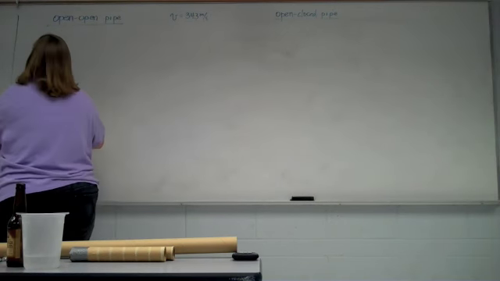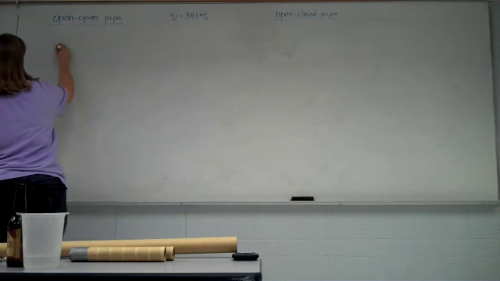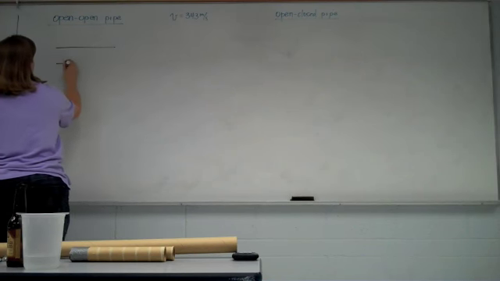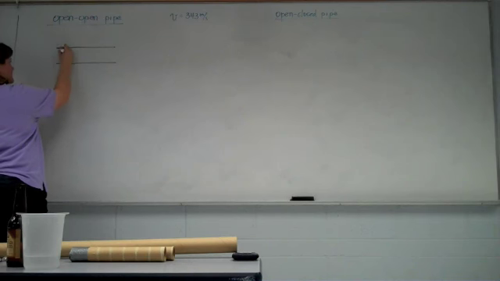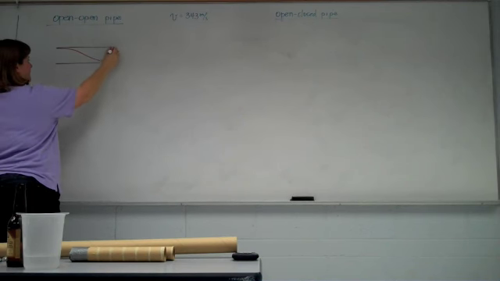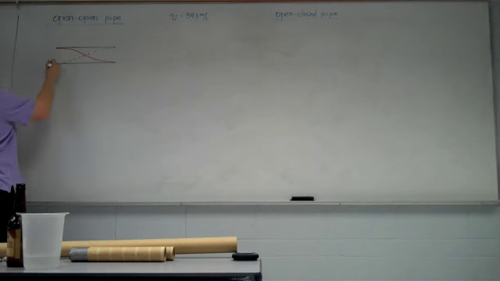Okay, let's look at the patterns here. So if I have a pipe open at both ends, I know I have to have an antinode at both ends. So the simplest pattern we can get looks like that.